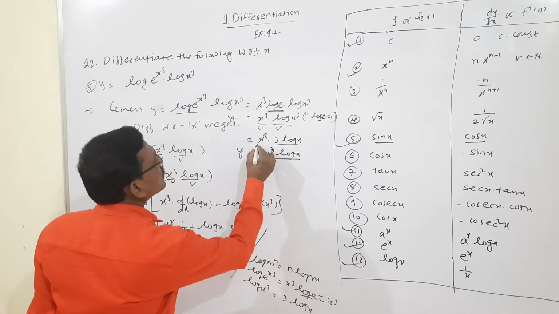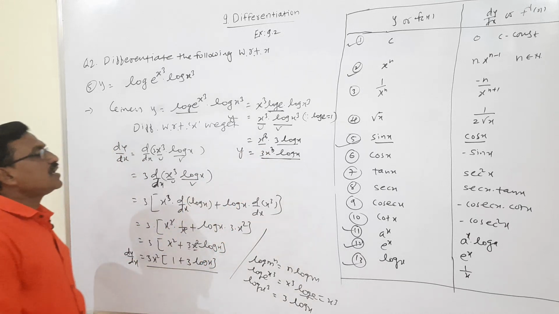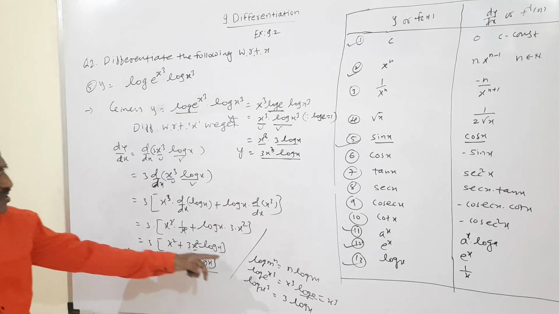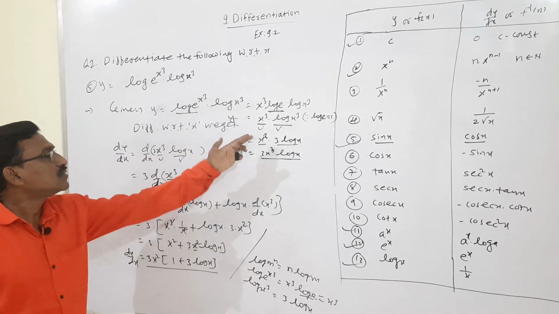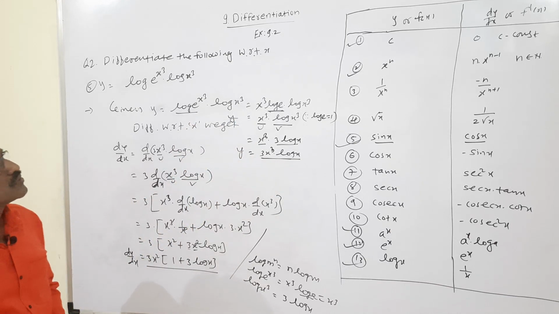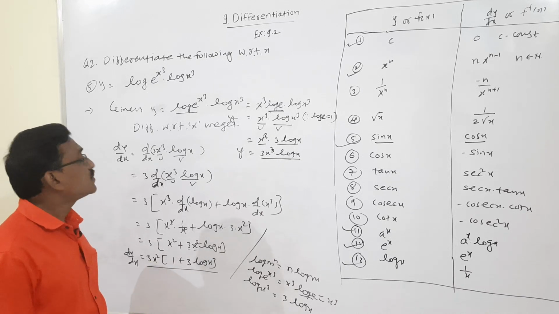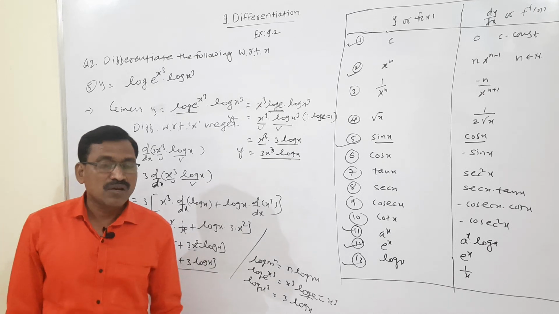So with 3 constant, we take 3x cube into log x, then we differentiate this. By using this rule of logarithm we may expand and simplify this way and then find the derivative. So in this way we complete this example in question number 2 in exercise 9.2.